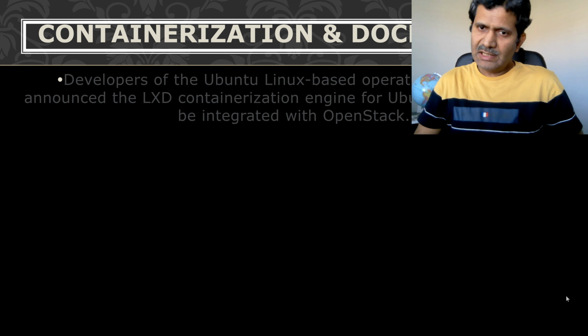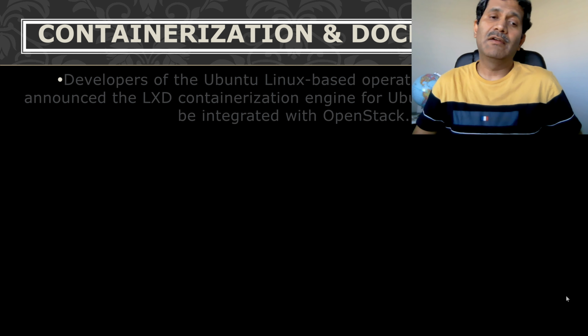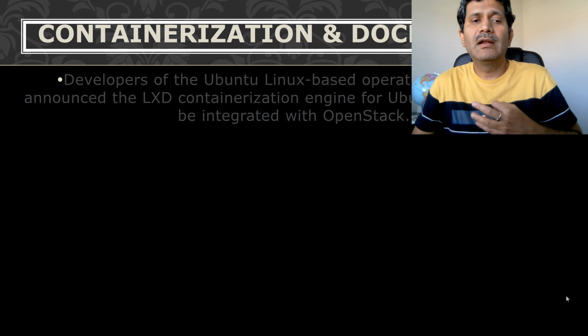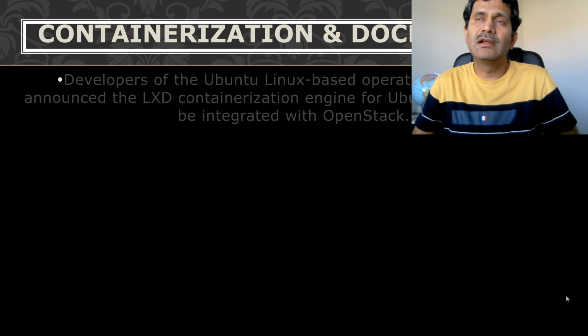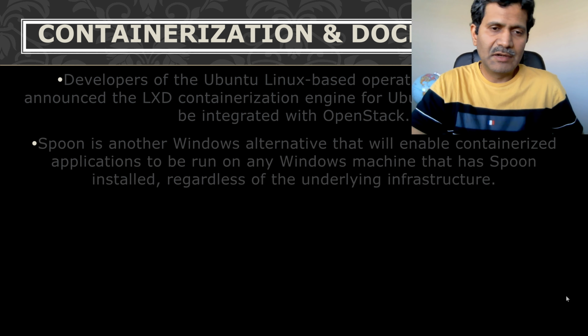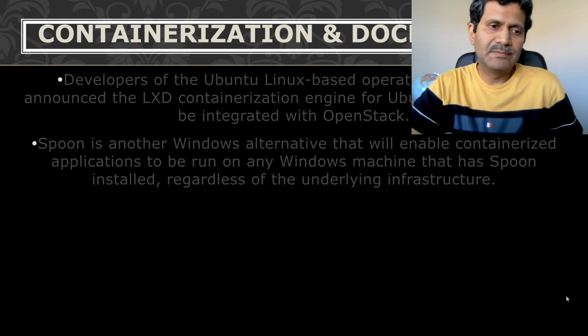The Ubuntu Linux-based operating system has announced the LXD containerization engine. That's another engine like Rocket. So you have Docker for containerization, you have Linux LXD containerization, and you already have Rocket as a containerization technology. All are similar kinds of technology by different vendors.